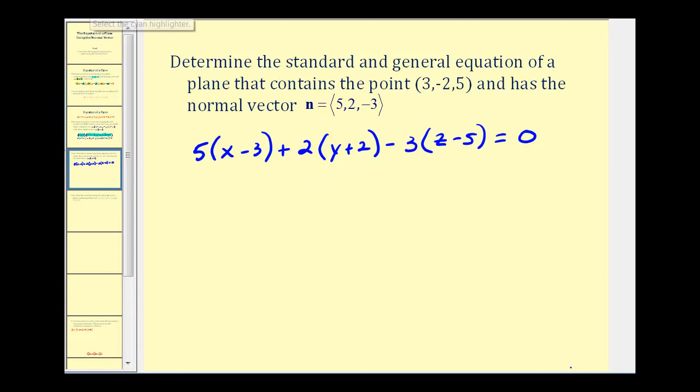Again, to emphasize where this equation came from, the components of the normal vector gave us the 5, the 2, and the negative 3. And then the point 3, negative 2, 5 gave us the constants of the binomial factors. Now to find the general equation, we just need to distribute and collect like terms.